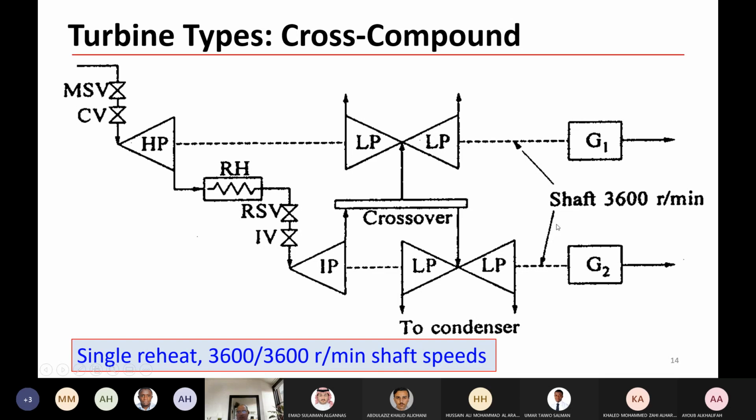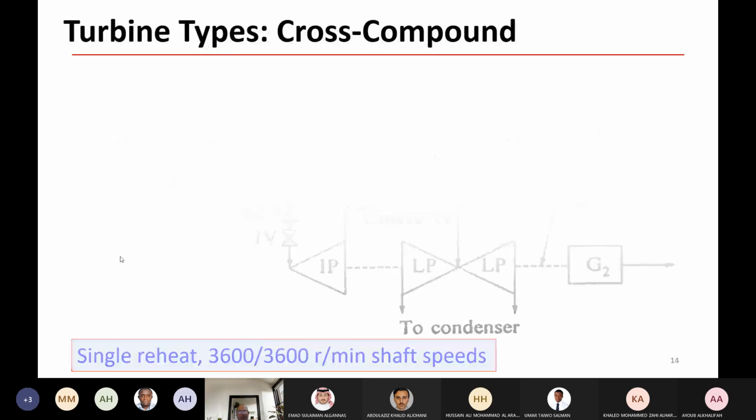So these are two shafts running at 3600. You have high pressure and two low pressures here, reheat and then intermediate and crossover. And in this crossover we have two sections here, and we have two sections of low pressure section, and we have two generators.